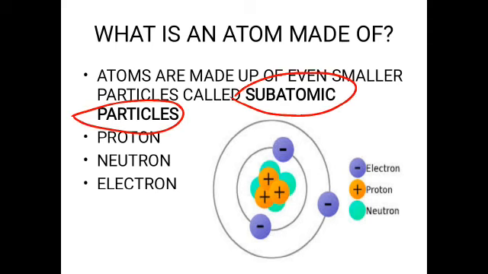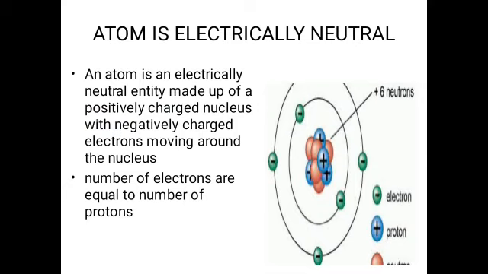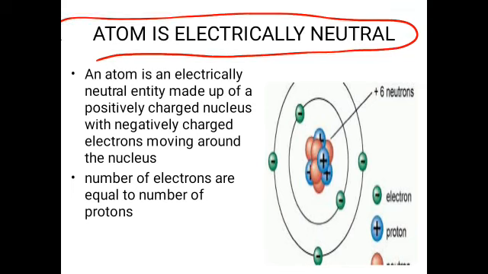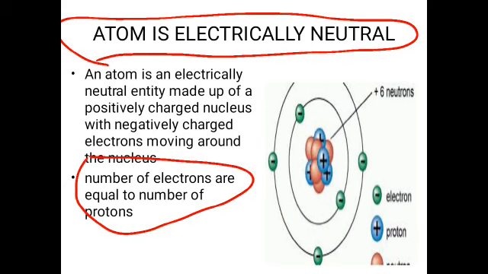Now, how they are and where they are present inside the atom is discussed a bit in the Rutherford model, Bohr's model, and quantum model. Another fact is very important: the atom is electrically neutral. In spite of having charged particles in it, the atom is electrically neutral. It means the positive charge equalizes the negative charge, or the number of protons is the same as the number of electrons in any atom.